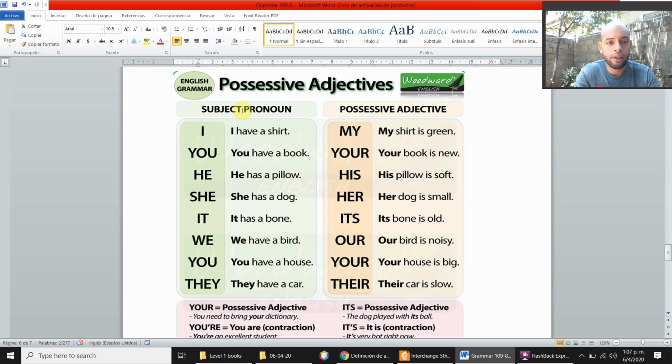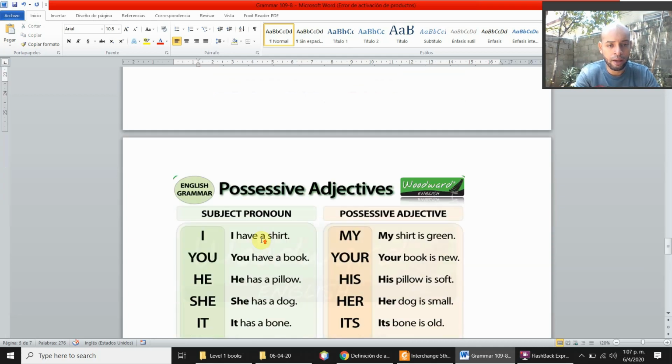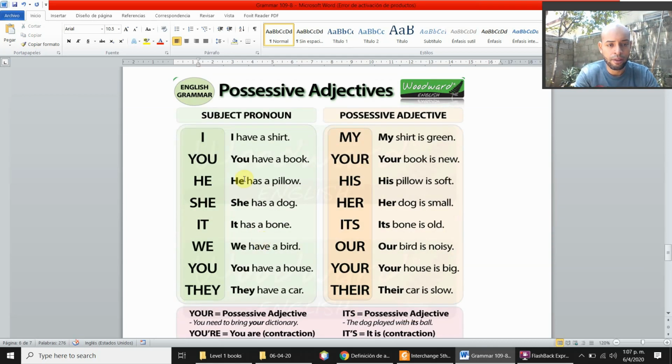But this here is a list of the possessive adjectives, and next to their equivalent in the subject pronouns. I have a shirt. I representing the first person of the subject pronouns.